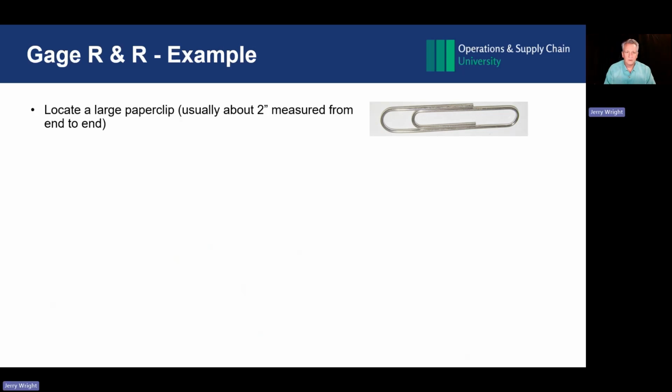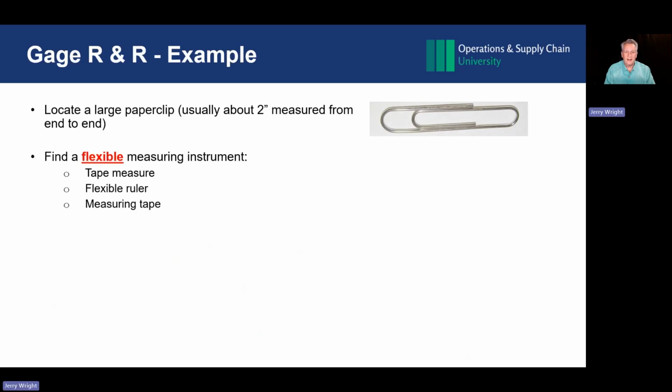Take a minute if you need to, go on pause, and find a paper clip, a large paper clip. I'll show you an example of mine. Here is my large paper clip, happens to be purple, so about like that, you can see it. So go find one. They're roughly 2 inches if measured from end to end. Once you've got that, come back and let's also find a flexible measuring instrument.